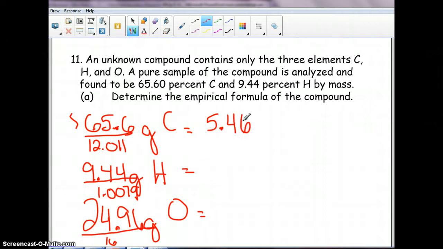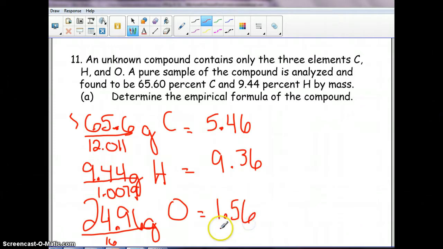Okay, and that'd be moles. I'm not going to write the unit, but know it's moles. All right, and 9.44 divided by 1.0079 is 9.36. Okay, and lastly, 24.96 divided by 16 is 1.56. All right, and that's all moles.